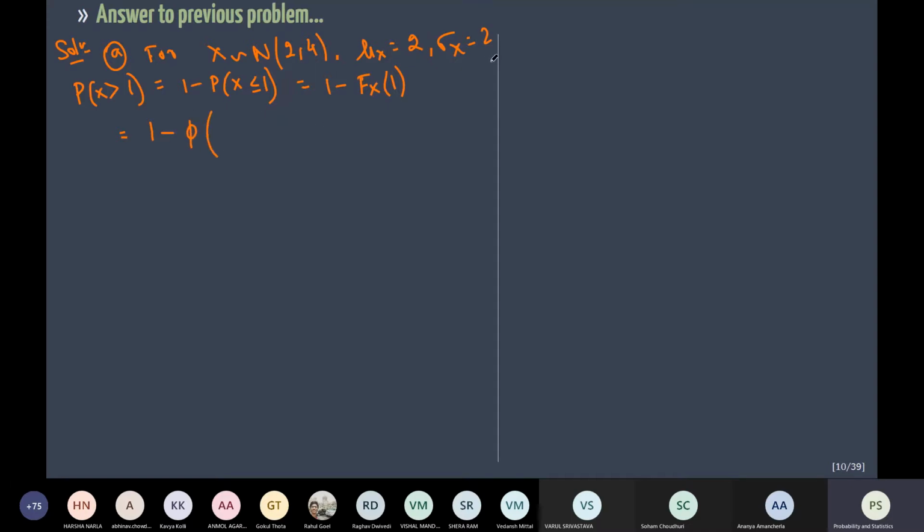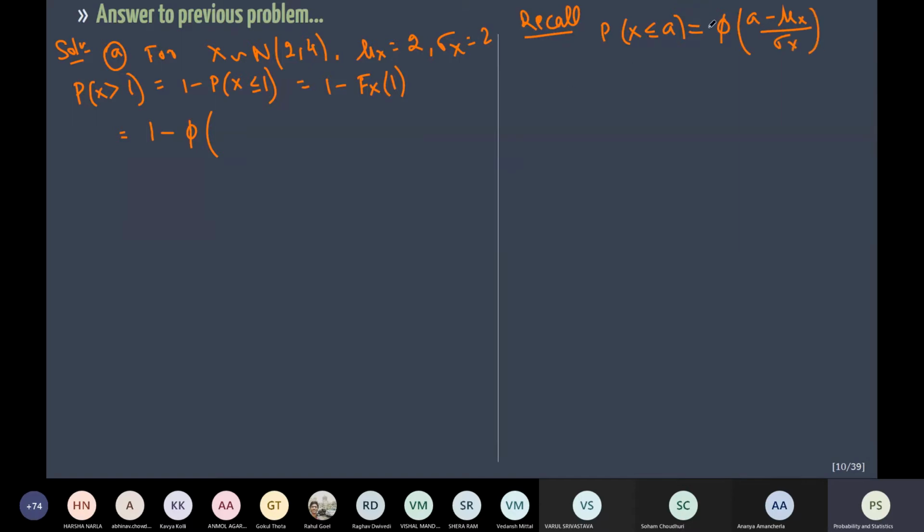So what was the phi function? If I have to use the phi function, what do I have to do? Recall that the probability that x is less than or equal to a, for any non-standard normal, is phi of a minus mu x by sigma x.